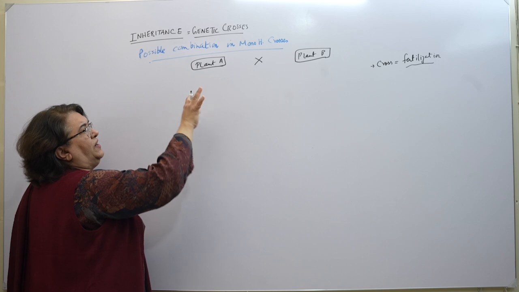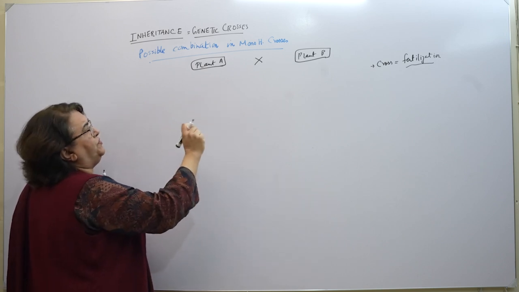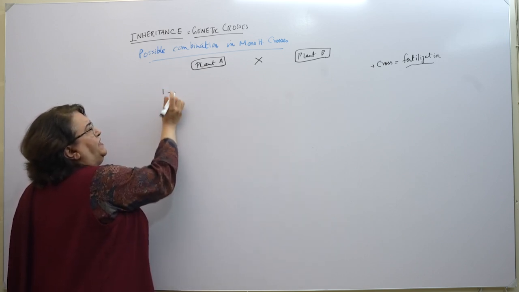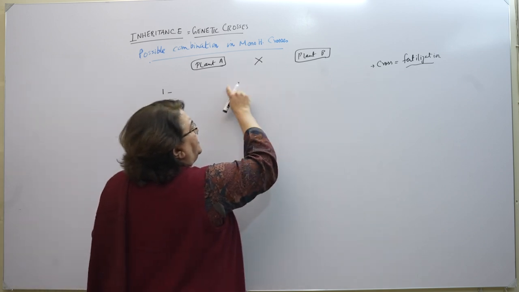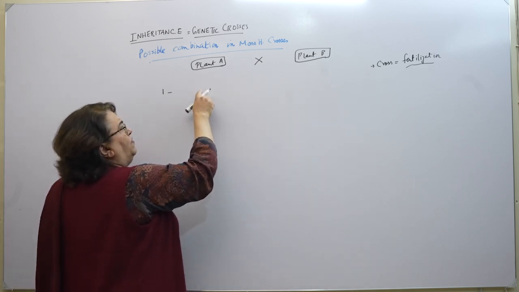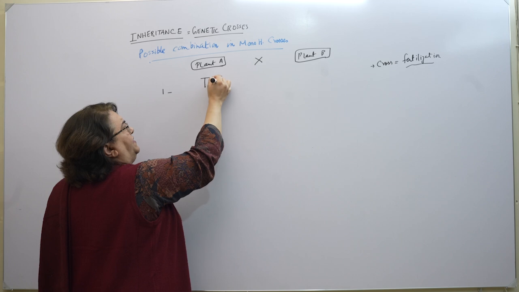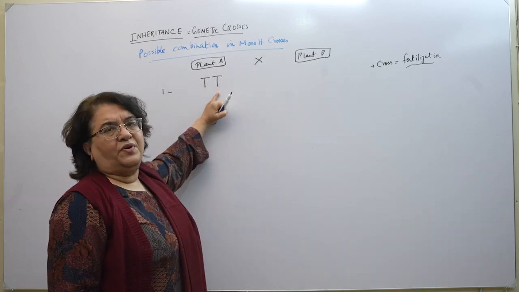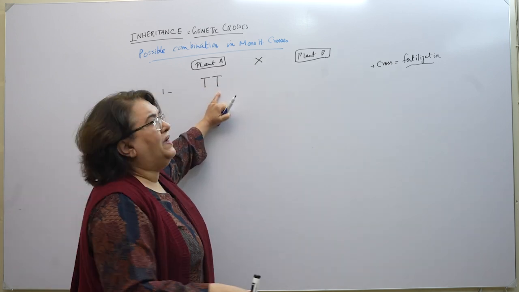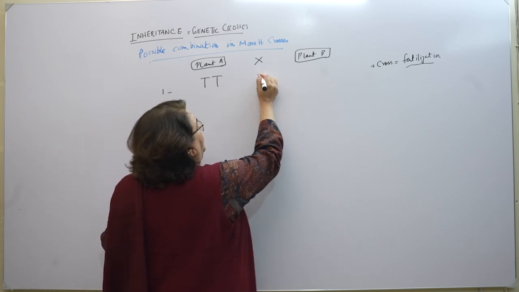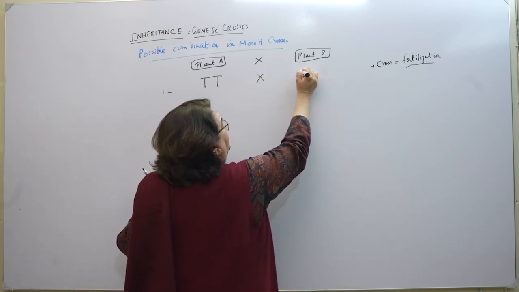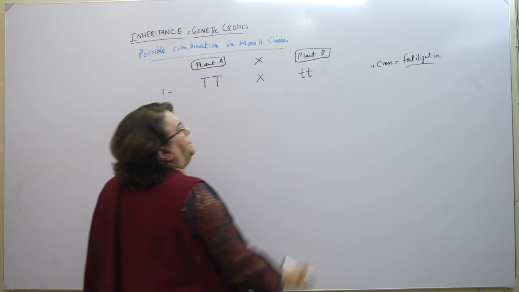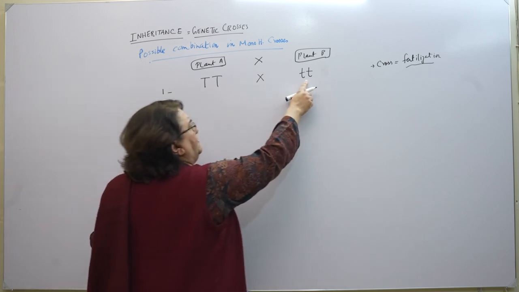So we have to look at 4 crosses that everyone should know about, and the first one is that both the plants are going to be pure, but one is showing the dominant trait, right? So this is pure because it is having the same allele, and the other one has the recessive, the opposite one, and so this will be a tall plant and this will be a short.